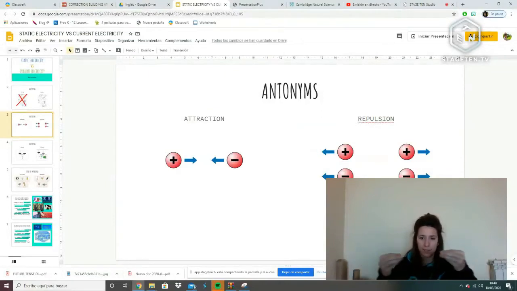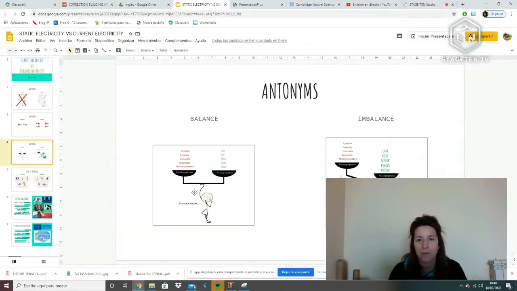They don't get closer, but they go further. They repulse each other. Another concept that we need to understand is balance and imbalance. When there is a balance, we mean that the 2 things have or are in the same position, let's say, okay? But when we have an imbalance, what we have is a difference, all right?